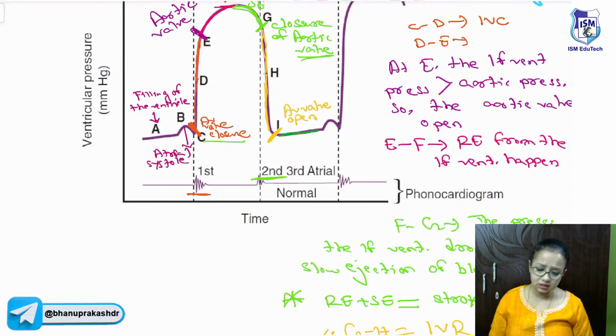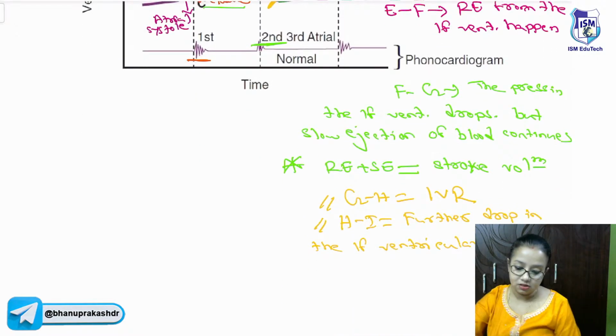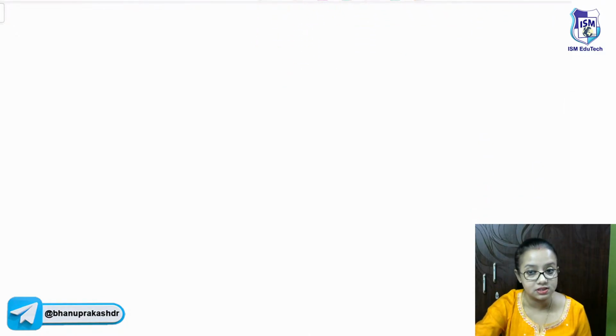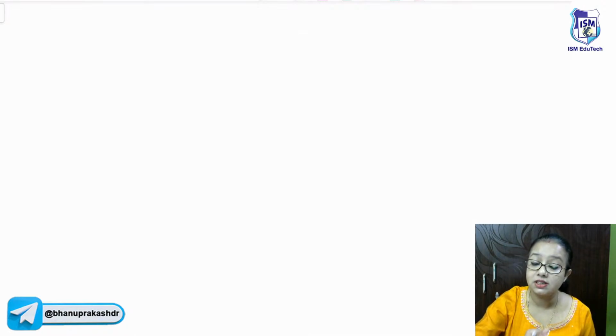Now, there are certain conditions which alter the Wiggers diagram. When we are talking about Wiggers diagram, we mean everything we studied: the changes in the left ventricular pressure, the changes in the left atrium, all this together. There is a change in the pressure whenever there is any abnormal condition.